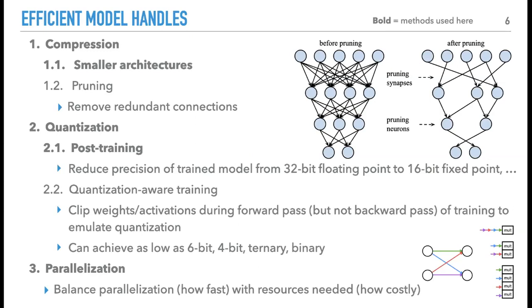The other handle you have, which is kind of a necessary fact of reality when moving to the FPGA, is that you typically want to quantize the model, in the sense of using reduced precision for all the computations, for example for the weights and activations that you compute. In this case, we chose to look at post-training quantization, where you reduce the precision of a pre-trained model.